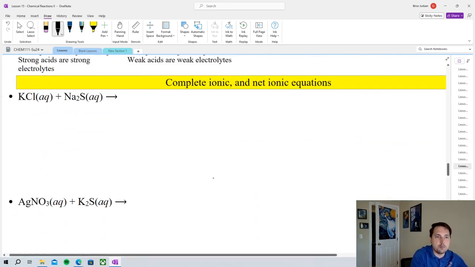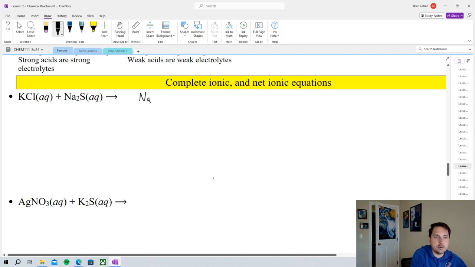All right, so when we put potassium chloride in solution with sodium sulfide, both of which are soluble compounds, we end up getting the exchange of the cations. So sodium will pair with chlorine, and potassium will pair with sulfur.